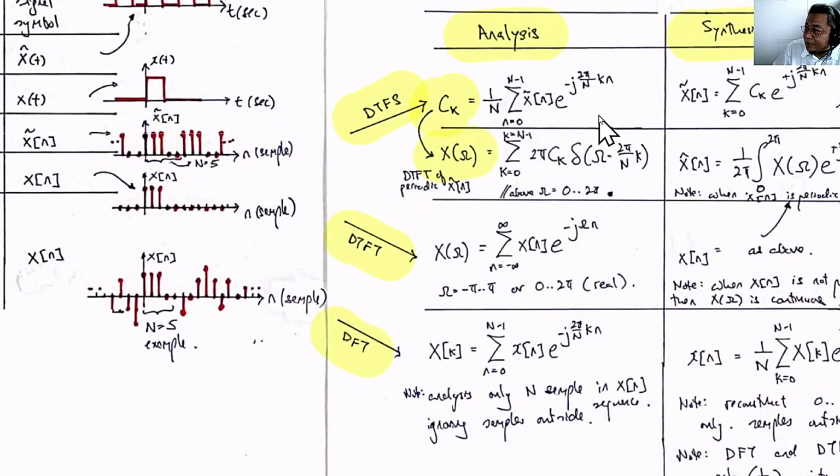The real trick is that you can see the c_k, which is the representation in the frequency domain for DTFS, is reused in DTFT. Right, what about DTFT itself? The direct equation to use DTFT is to perform a summation from minus infinity to infinity over all time of the signal x of n.